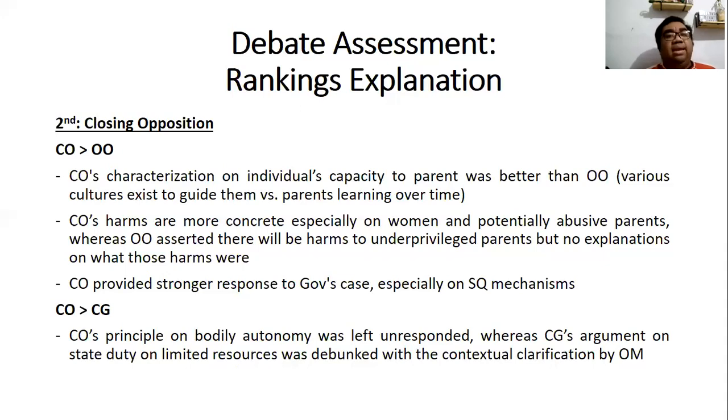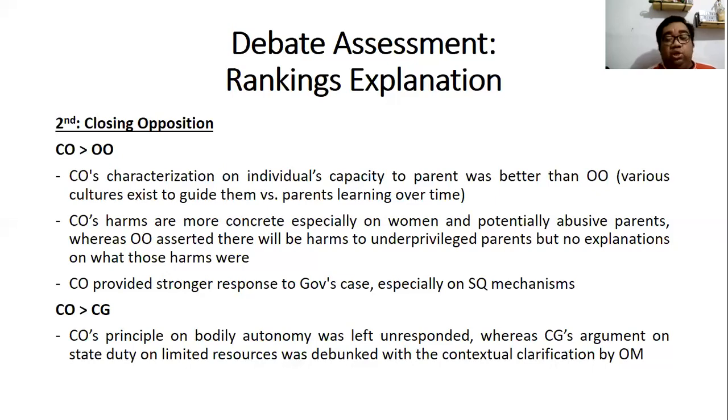The third reason is closing opposition provided stronger responses to the government's case, especially on status quo mechanisms. So while opening opposition did mention things like having social welfare programs, having laws and its enforcement, they were not really explaining why those are effective to address a lot of the abuse concerns and problems that opening government brought.